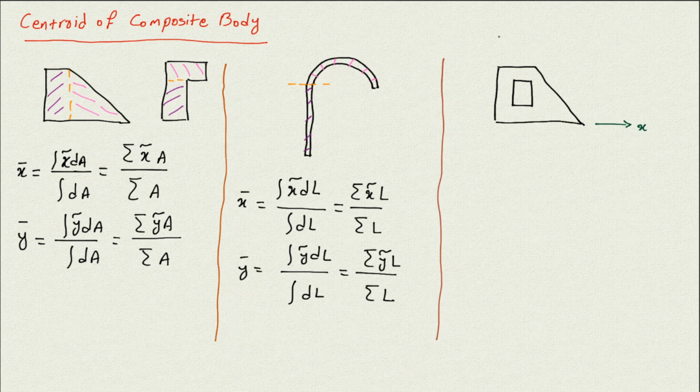So assume this is the x-axis here, and here is the y-axis. What we will do in those cases is go ahead and split it into two shapes. So I will say that this one is equal to a full shape that we have, like this.